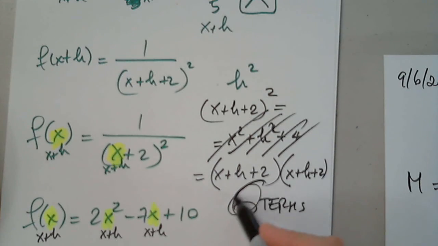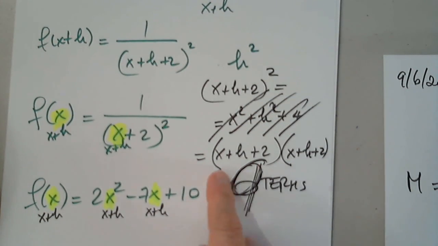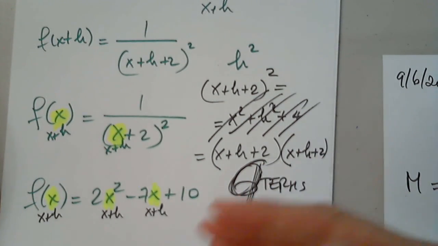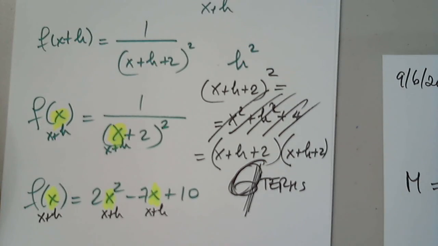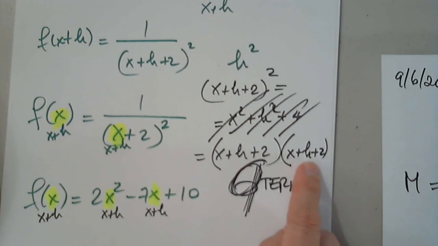Actually 9, I'm sorry. It has 9 terms. x times these 3, h times these 3, 2 times these 3. They will end up being smaller at 6, but initially x times x, x times h, x times 2, h times x, h times h, h times 2, 2 times x, 2 times h, and 2 times 2. So initially we have 9 terms.